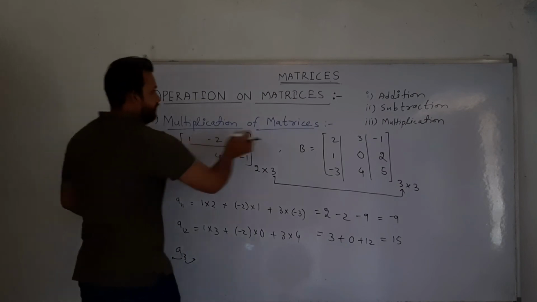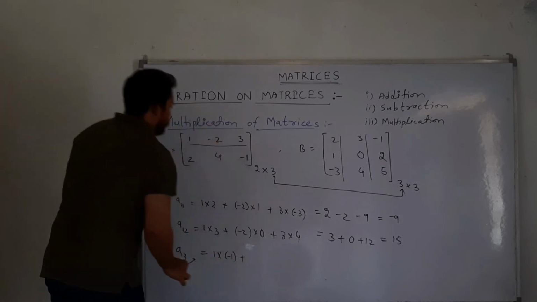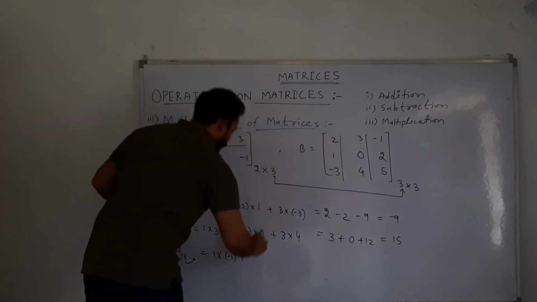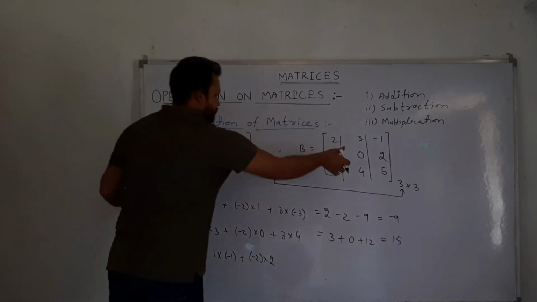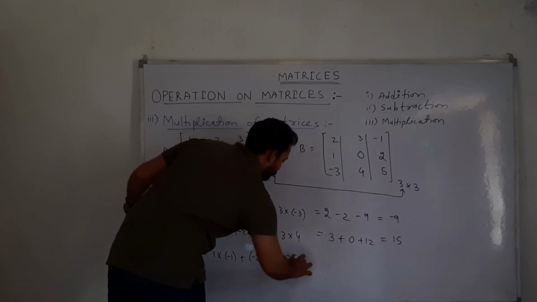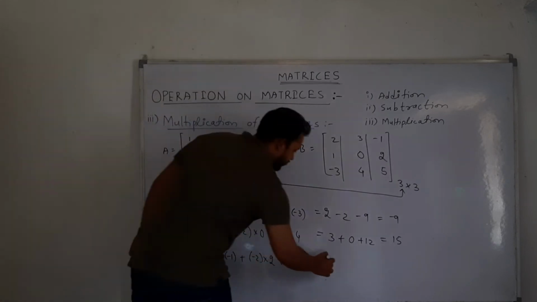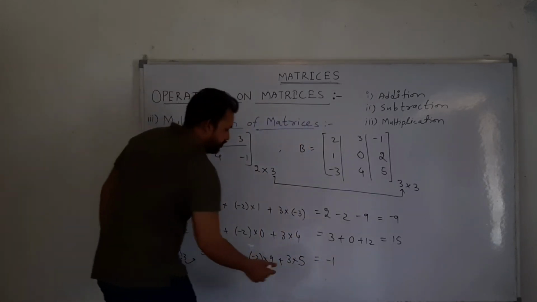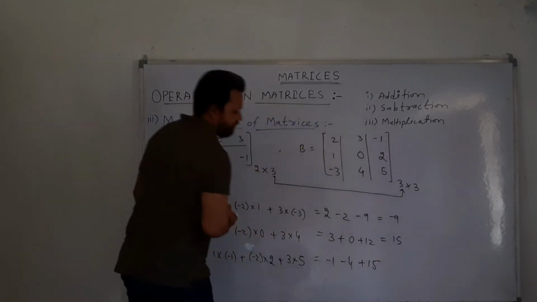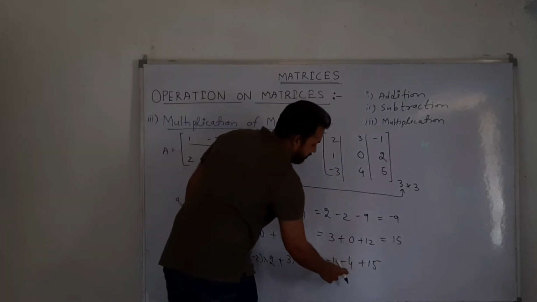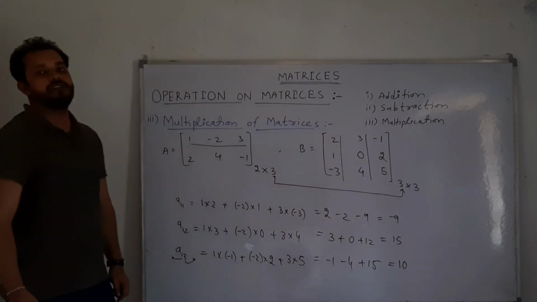So 1 into minus 1, plus minus 2 into 2, plus 3 into 5. 1 into minus 1 is minus 1, minus 2 into 2 is minus 4, 3 into 5 is 15. Hence we get minus 1 minus 4, which is minus 5, and minus 5 plus 15 is equal to 10. We get the third element of the matrix.